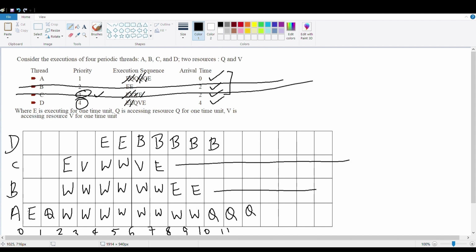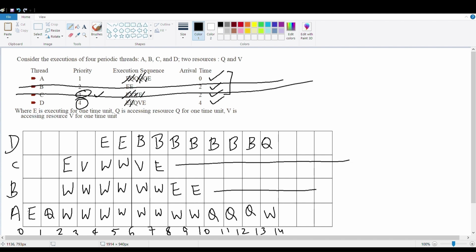So at 13 A released Q, right? When A releases Q, then D will start its execution because D has high priority. D will start the execution at 13 and Q will be executed by D, and A will go to the waiting state again.